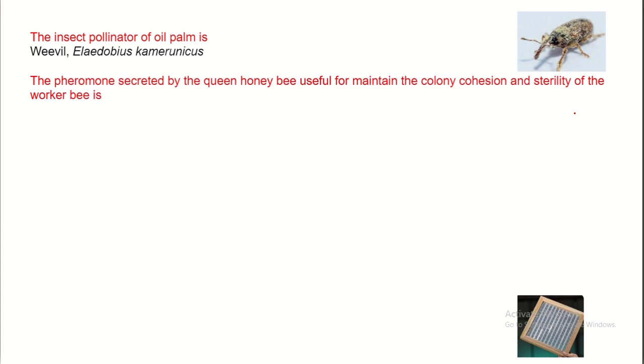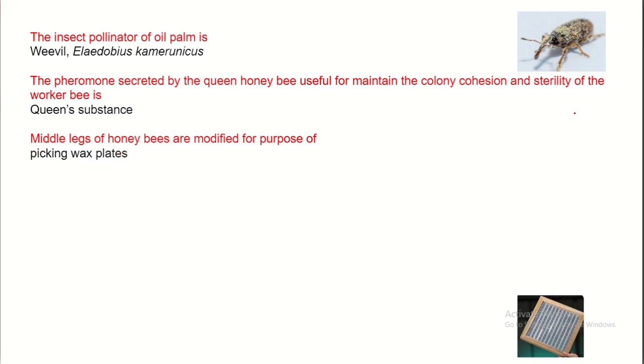The pheromone secreted by the queen honeybee useful for maintaining colony cohesion and sterility of the worker bee is queen substance. Middle legs of the honeybees are modified for the purpose of picking wax plates.